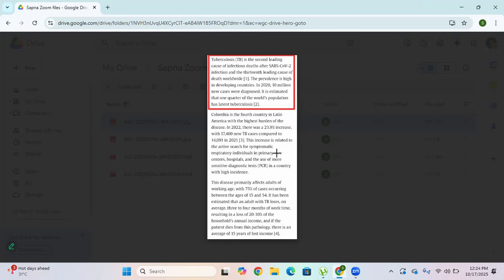So the author here highlights that tuberculosis remains a major global health issue, especially in developing countries. In 2020, nearly 10 million people were infected worldwide, with TB ranking as the second most deadly infectious disease after COVID-19.